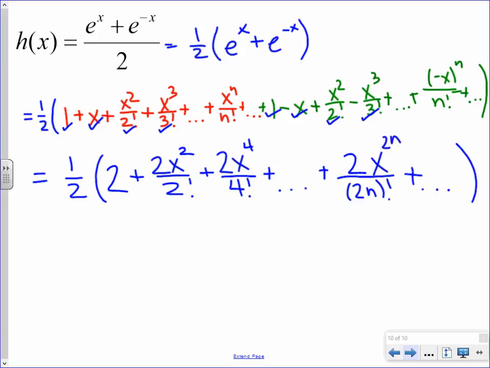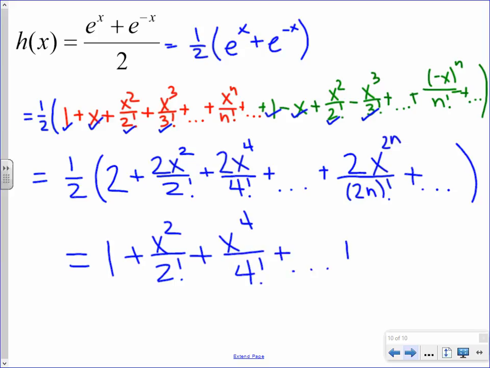And so then yes, we do have that 1/2 out front, which means it's going to cancel out all of the doubles that we just did, right? And so we're going to be left with 1 plus x squared over 2 factorial plus x to the 4th over 4 factorial. And in general, we're going to have x to the 2n over 2n factorial.